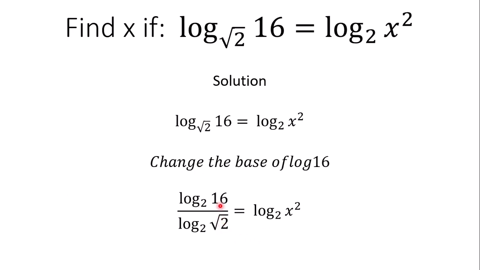Now to further simplify this, we are going to change this 16 by writing it as 2 raised to the power 4, and also change this one by writing it as 2 raised to the power half.